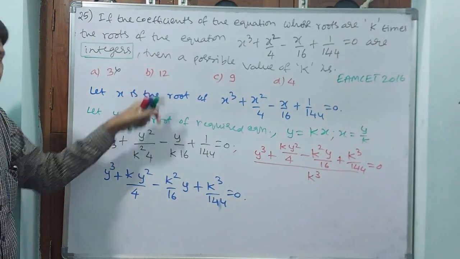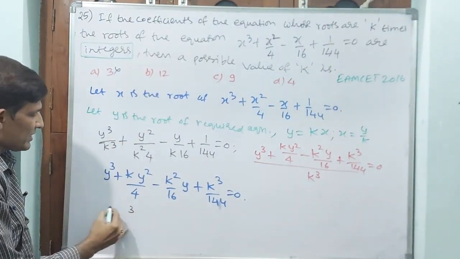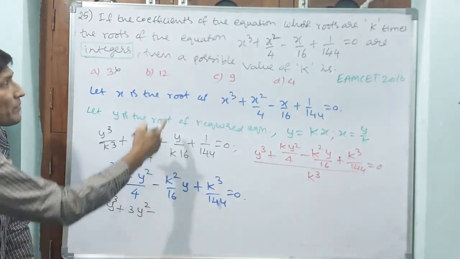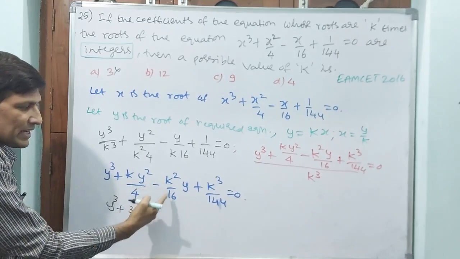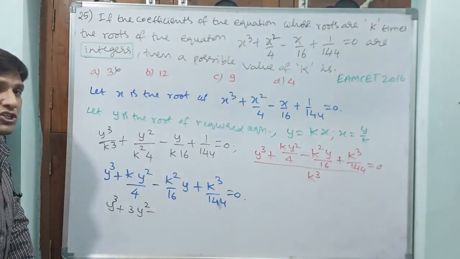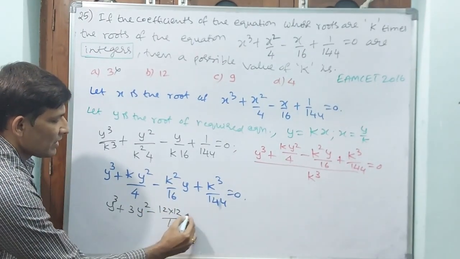Second one only the answer is correct, because k is 12 means 12 by 4 is 3 will come here. Y cube plus 3y square minus, if you substitute, 12 square by 16, that means 12 into 12 by 16, y.